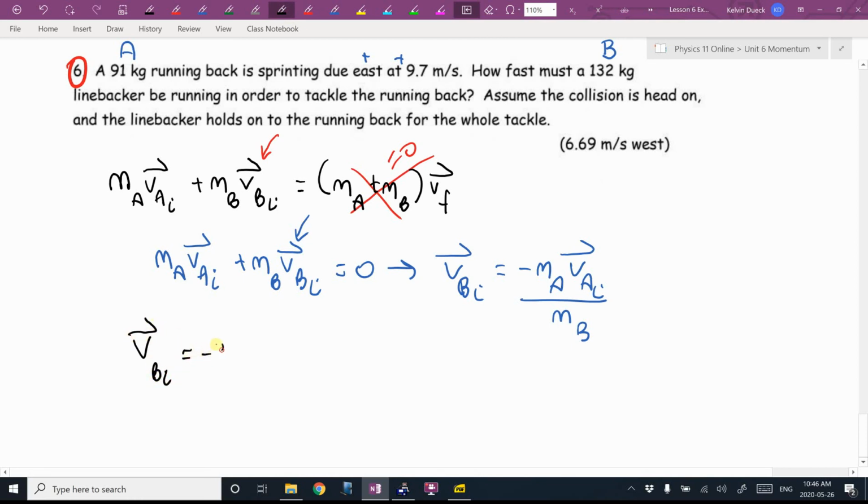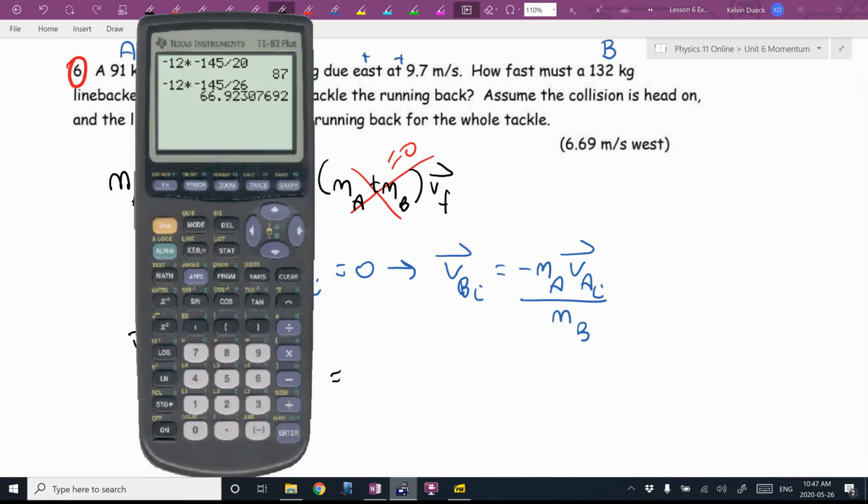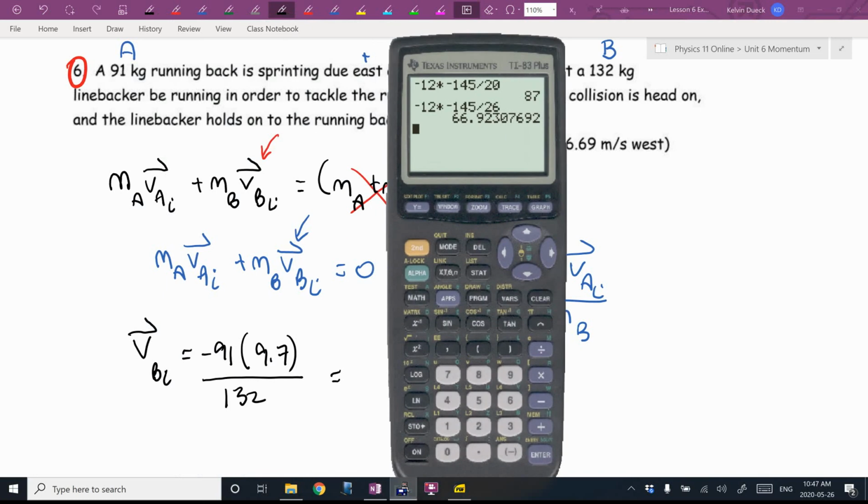Negative 91, positive 9.7, all divided by 132. Negative 91 times 9.7 divided by, try that again, negative 91 times 9.7 divided by 132.